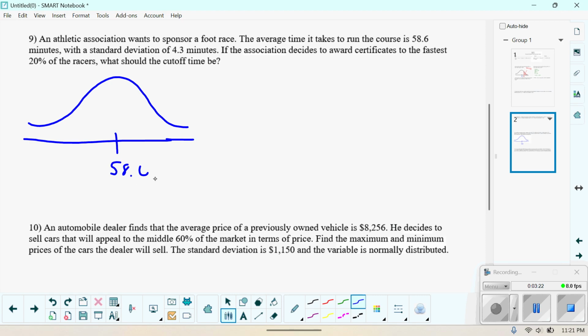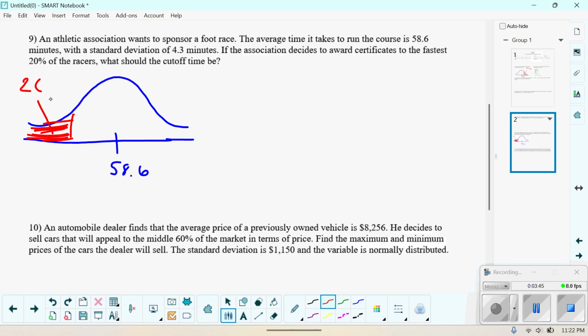On our number line, where are times faster, to the left or to the right? Well, if you think of a number line, numbers smaller are to the left, bigger to the right. So if we want to go faster than 58.6, we have to be on the left-hand side. So 20% of the racers are going to be faster than that mean.